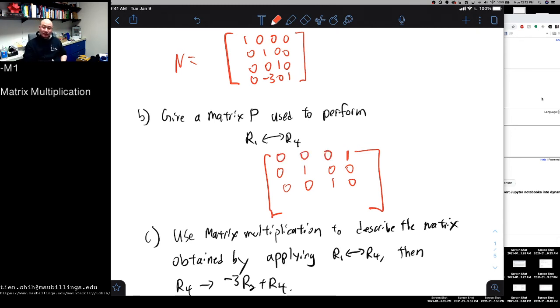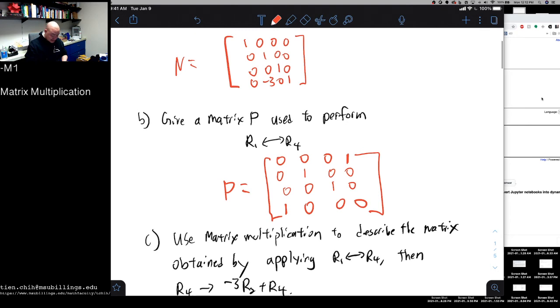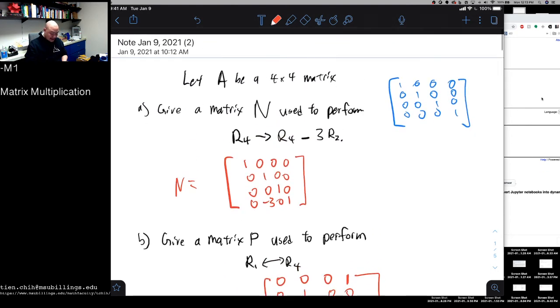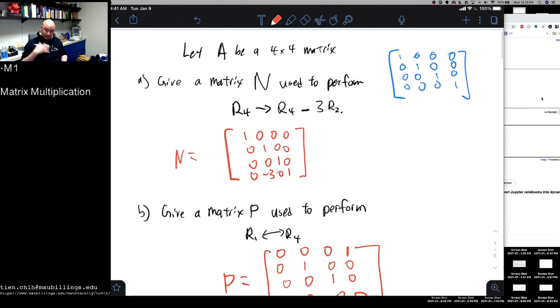And similarly, when I look at the last row of a matrix transformed by P, I want there to be one copy of the first row in the fourth row, and then everything else doesn't matter. And so that's P. And so you once again may observe that I can also obtain this matrix by actually performing these row operations, swapping row 1 and row 4 on the identity matrix.